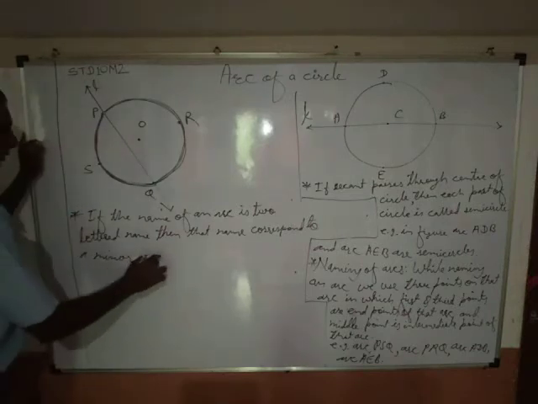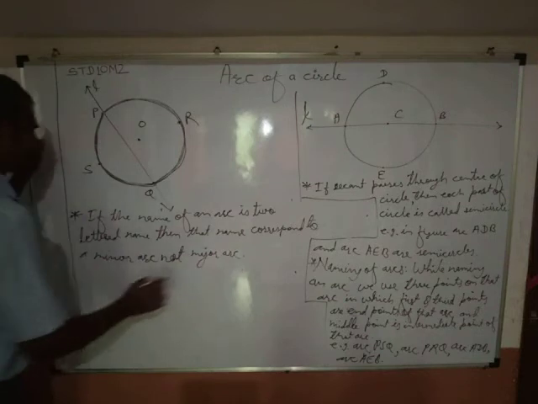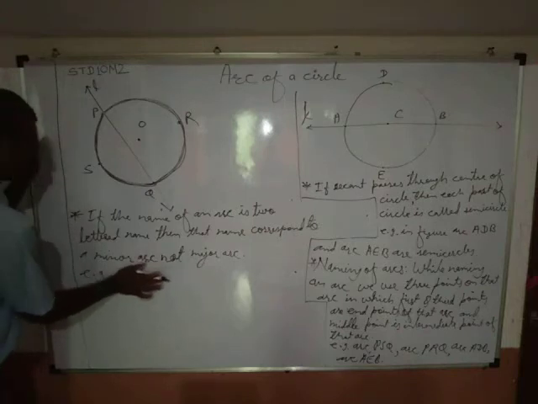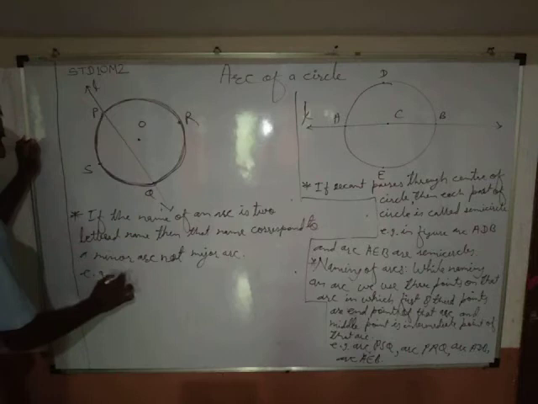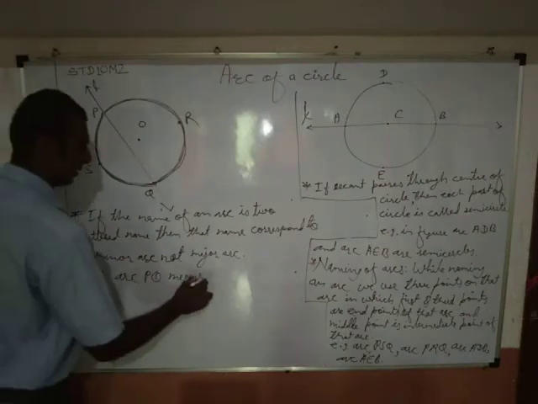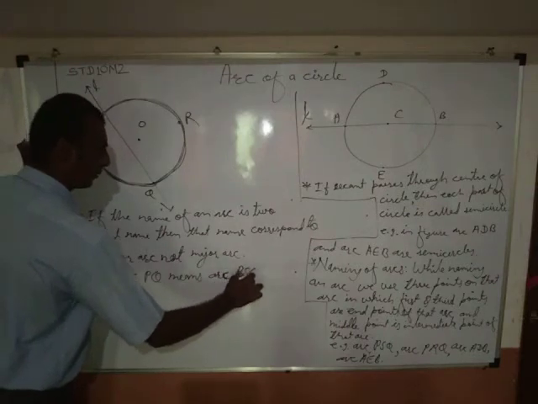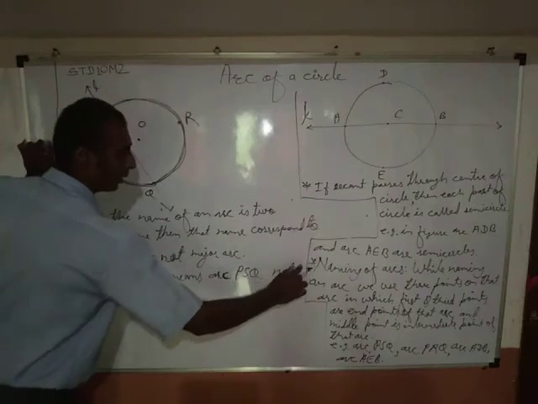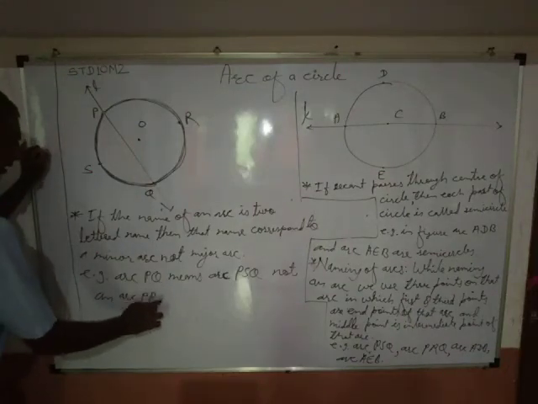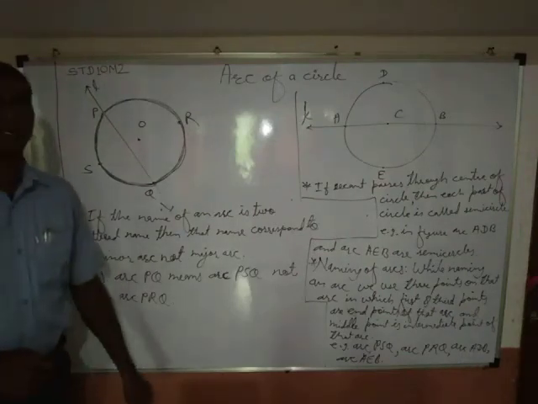Okay, not major arc. Example, arc PQ. Arc PQ means arc PSQ, not an arc PRQ. Okay.